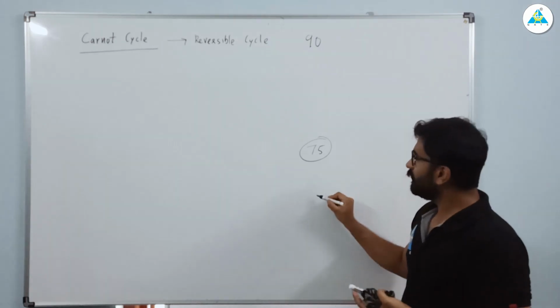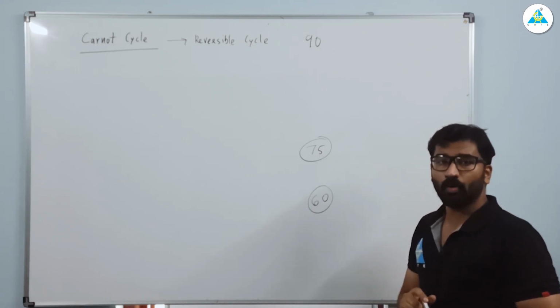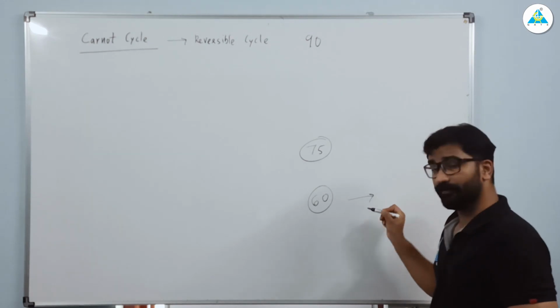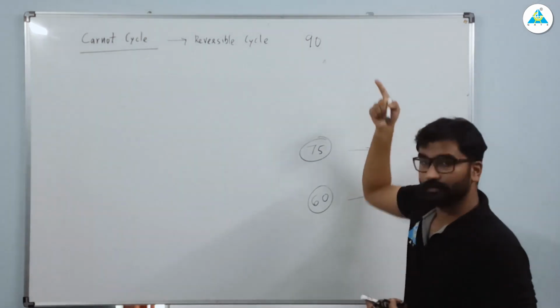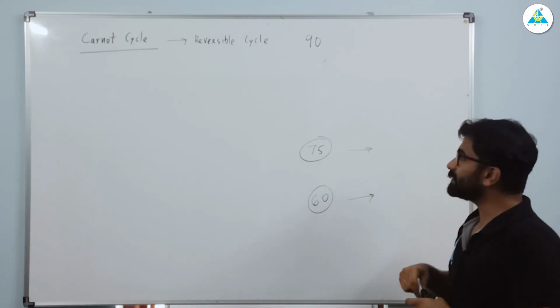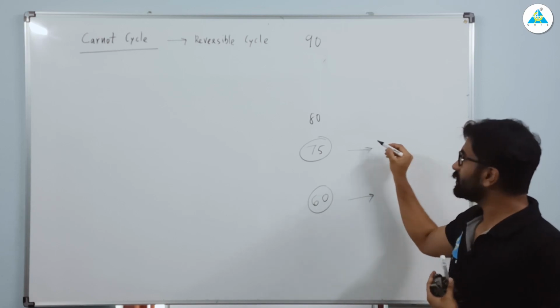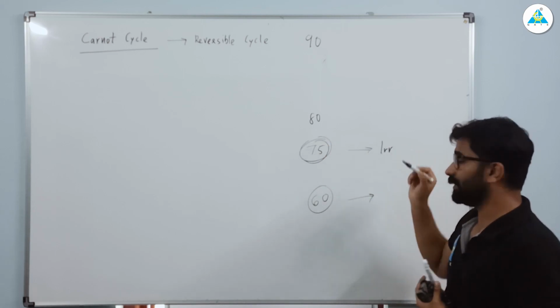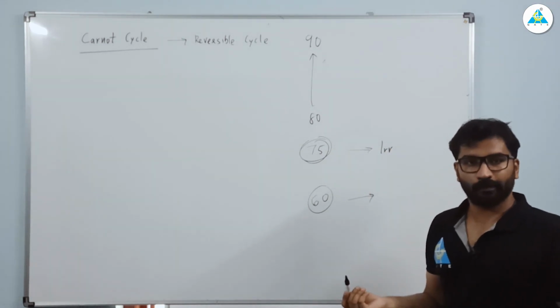But if you compare the student who got 60 and 75, who will be more irreversible? He will be more irreversible, compared to him, because he is close to the reversible. Now if we compare 70 and 80, who will be more irreversible? More irreversible is 70, because 80 is close to the reversible case.